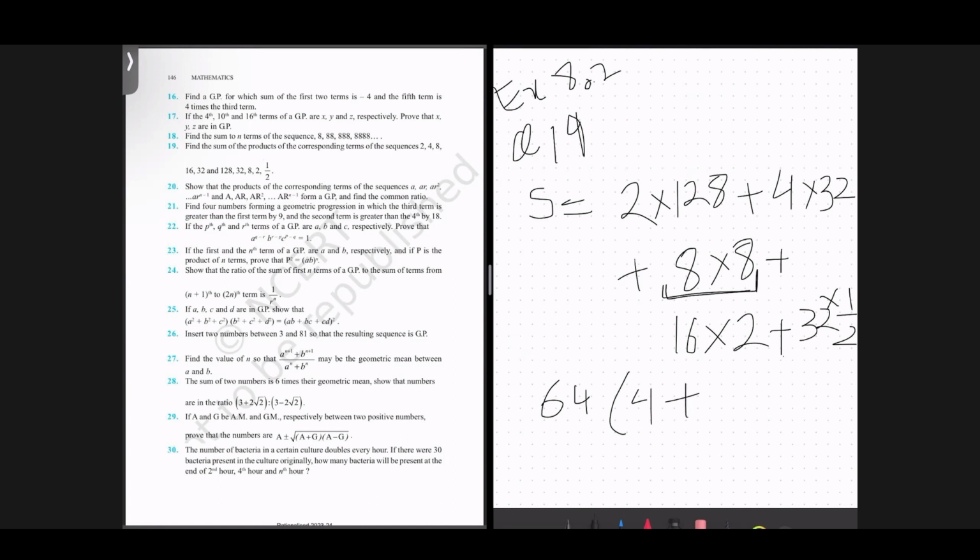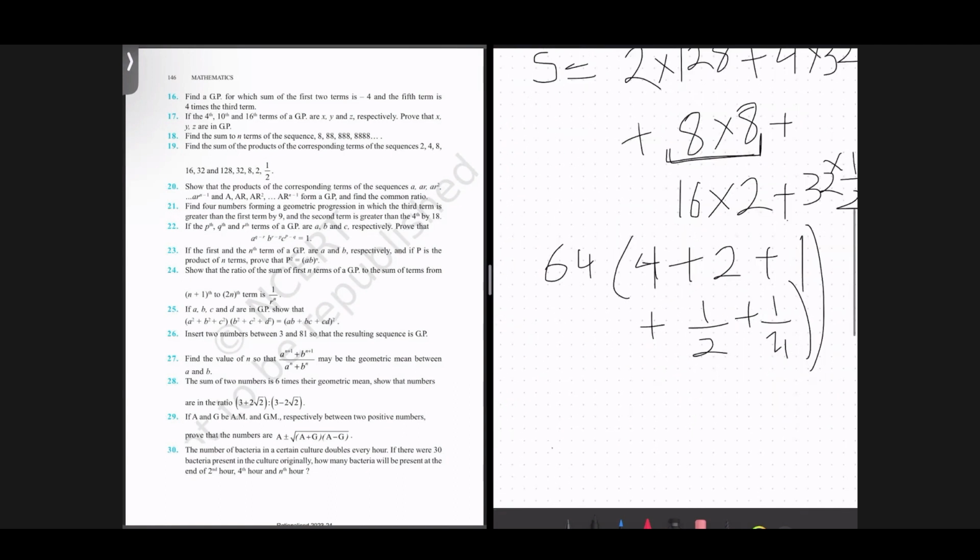When you take out 64 common from that, what you're left with is 2. Right? When you take out 64 common from 64, what you're left with is 1. Plus when you take out 64 common from 32, you're left with half. Plus when you take out 64 common from 16, what you're left with is 1 upon 4. Right? So this is what is left in the bracket.